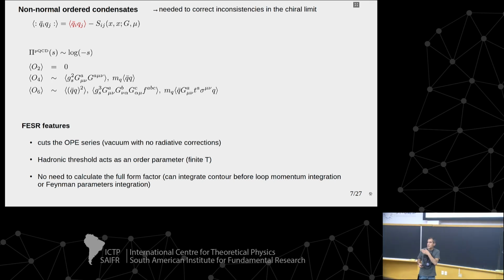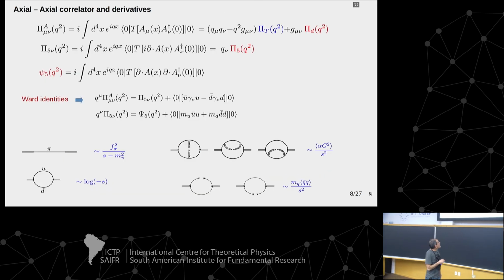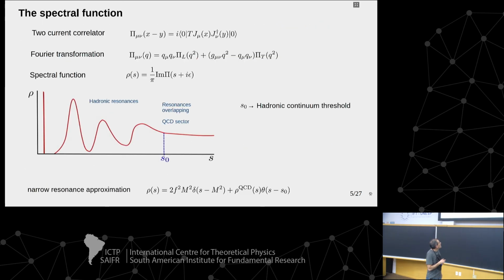As I explained recently, when you have finite temperature, the width of the resonances tends to increase. So imagine those resonances: the overlap will start earlier. If S0 denotes where the resonances start to overlap, finite temperature will move this threshold to the left.